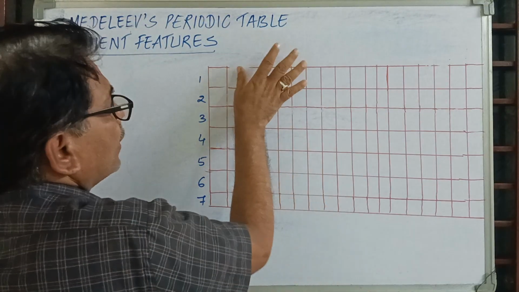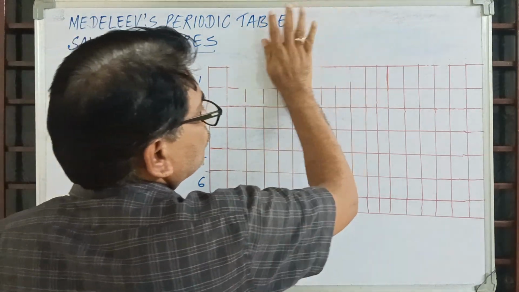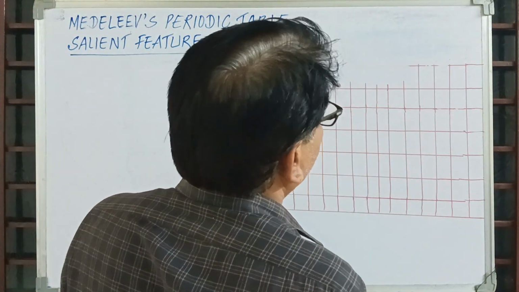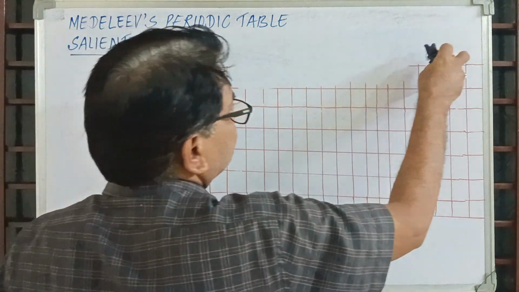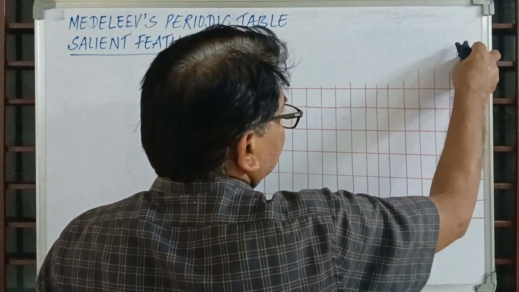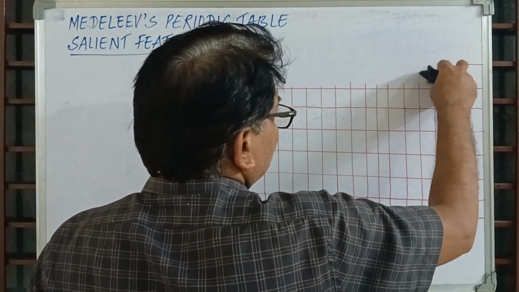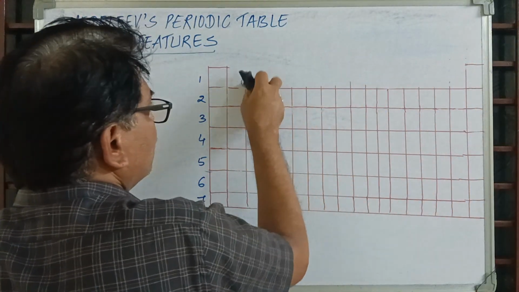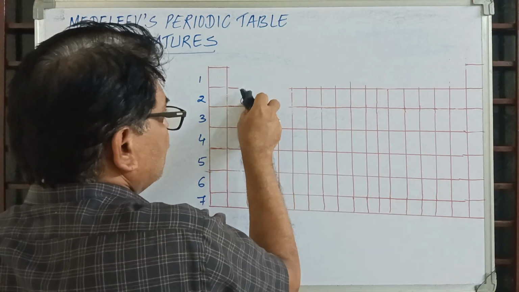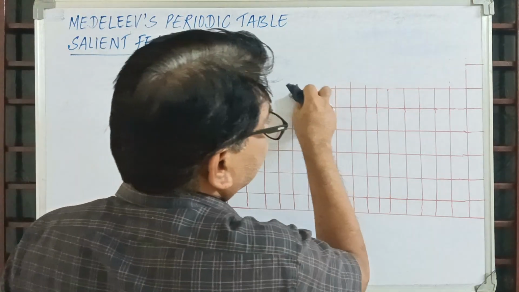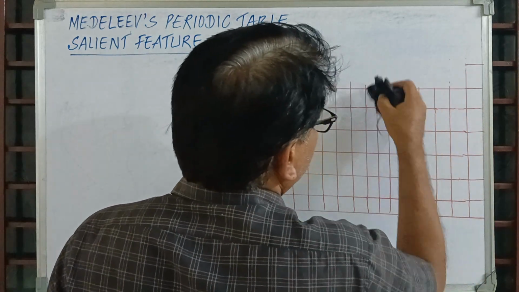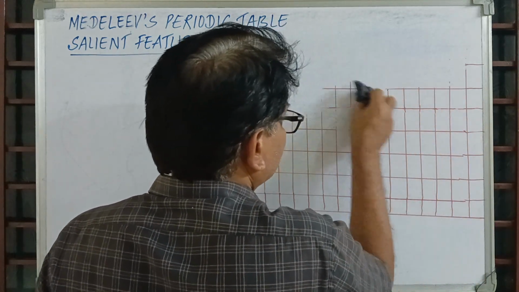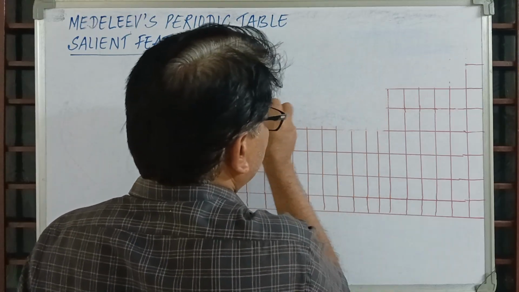Let me rub off what is not required. The first period has only 2 elements. The second period has 8 elements. The third also has 8. So 1, 2, 3, 4, 5, 6, up to here it is 6 over here.